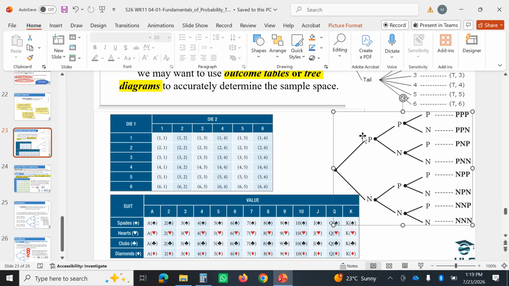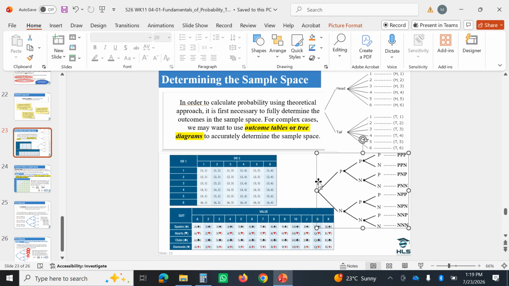Well, that means getting a P and then an N, as opposed to a P, because there are two choices, and then another P again. So there are three events happening here: getting a P, an N, and a P, and that's what that one means. Anyway, I'm just introducing these because we're going to come back to them in the next PowerPoint.